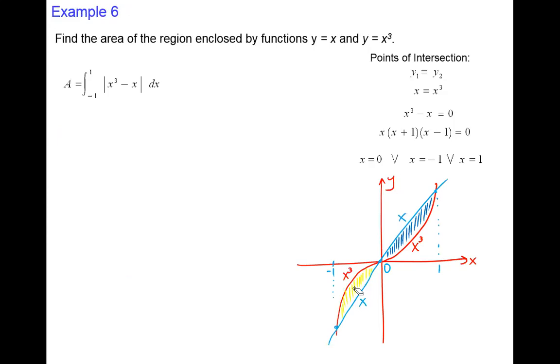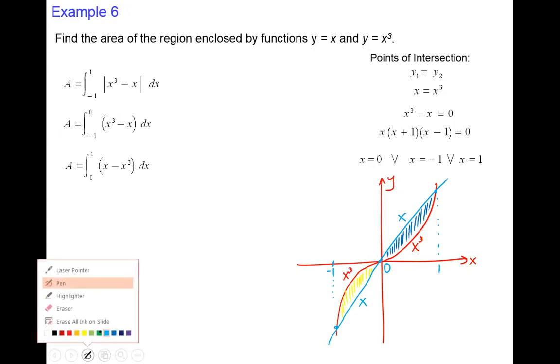You can see I shaded a little bit of yellow and a little bit of blue. That means I do have a region, so I need a number. As we can see, I will integrate from negative 1 to 0, and I will subtract x cubed minus x. That will be the yellow one.